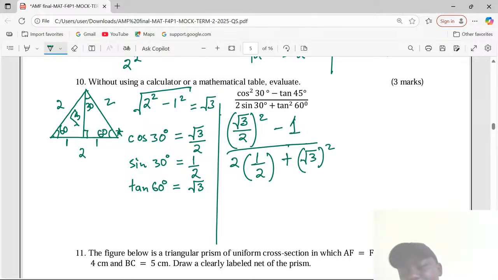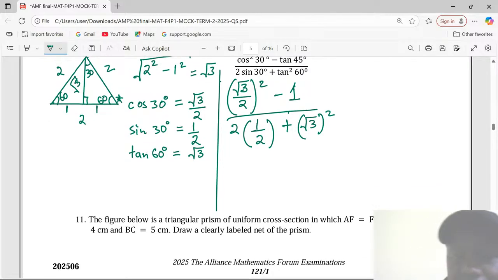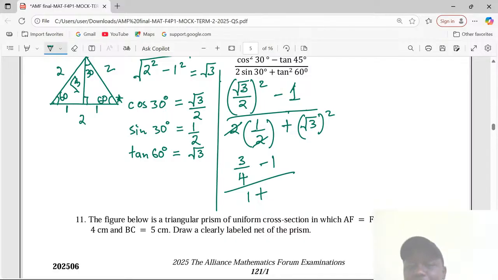Let's begin squaring. √3 over 2 squared means √3 squared becomes 3 and 2 squared becomes 4. Then minus 1 out of here, we just get 1 plus the root of 3 squared, which becomes 3. So we are already having the denominator as 4. That way, 1 plus 3.